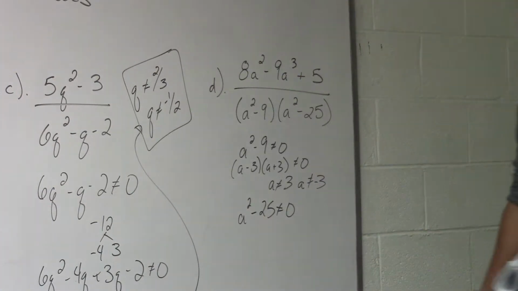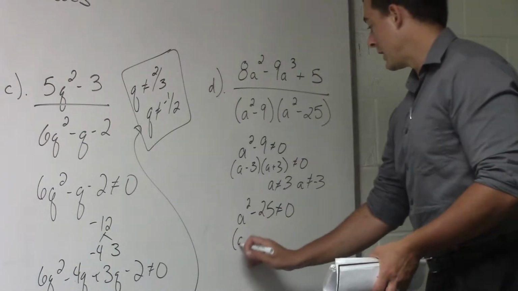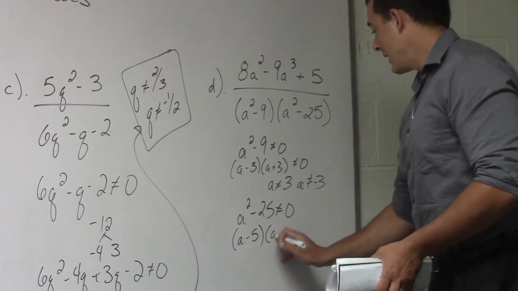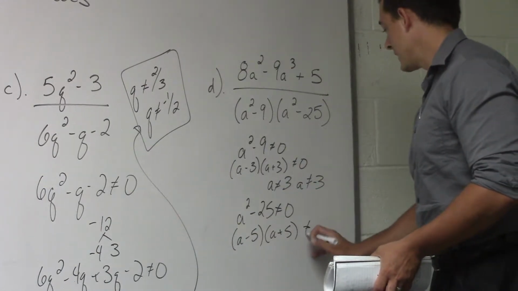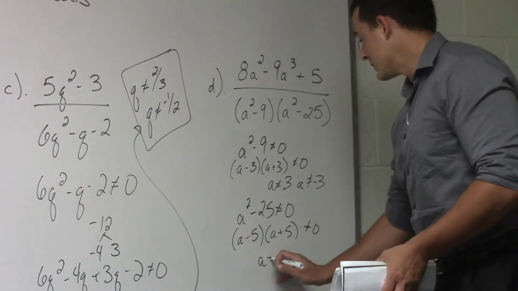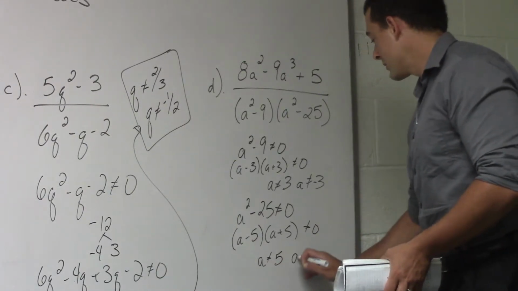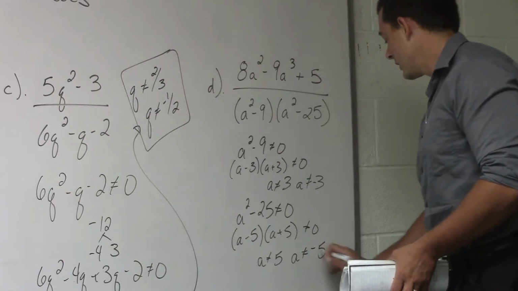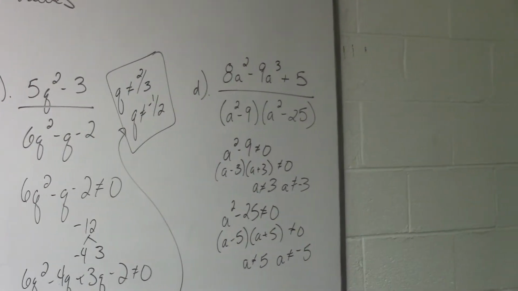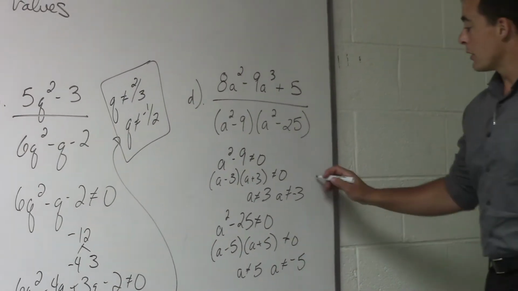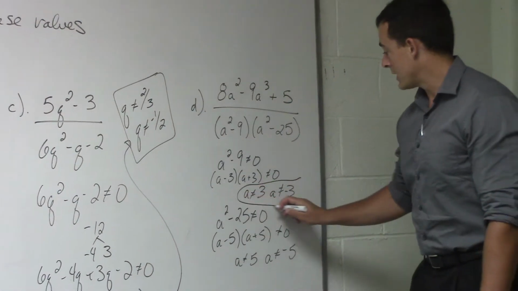And the same thing with a squared minus 25. That should factor into a minus 5, a plus 5, still not equal to 0, which means you set each one of those factors not equal to 0, and you get 2 more numbers that you can't have. So for part D, there are a total of 4 numbers that you would have to avoid.